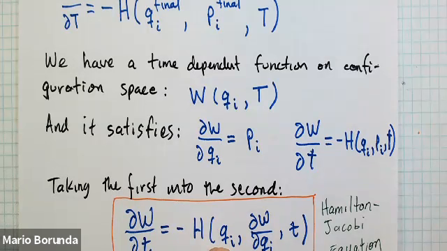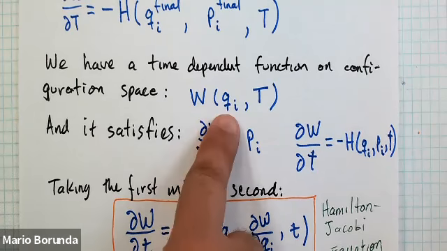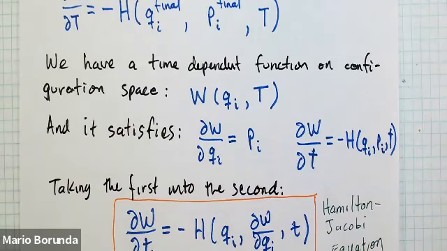But you can do other ones that are built in a similar fashion. So suppose we have a solution to this. What do we do with it? We have some time-dependent function, W, that depends on Qi and T on configuration space.